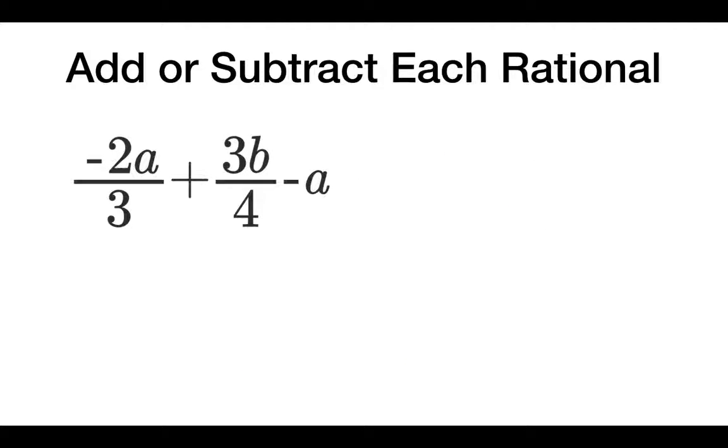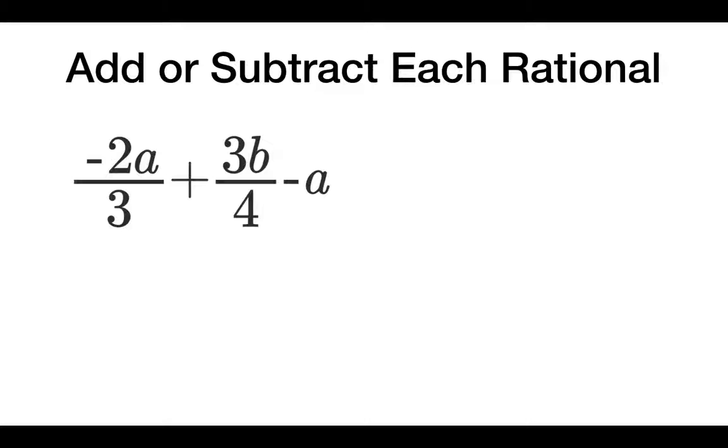This one says negative 2a over 3 plus 3b over 4 minus a. So let's see. Lowest common denominator. Unfortunately, 3 and 4 don't have any common denominators until I multiply them by each other. So 3 times 4 is 12, 4 times 3 is 12. And this a is really a over 1, so we'll go to 12 there too.